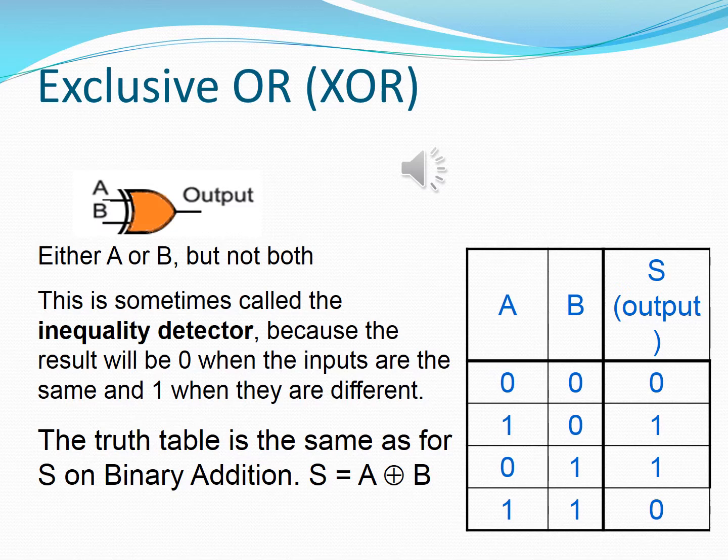When A and B are equal, the output is 0, but when they are not equal, the output is 1. Sometimes this gate is known as the inequality detector, because the result will be 0 when the inputs are the same and 1 when they are different.